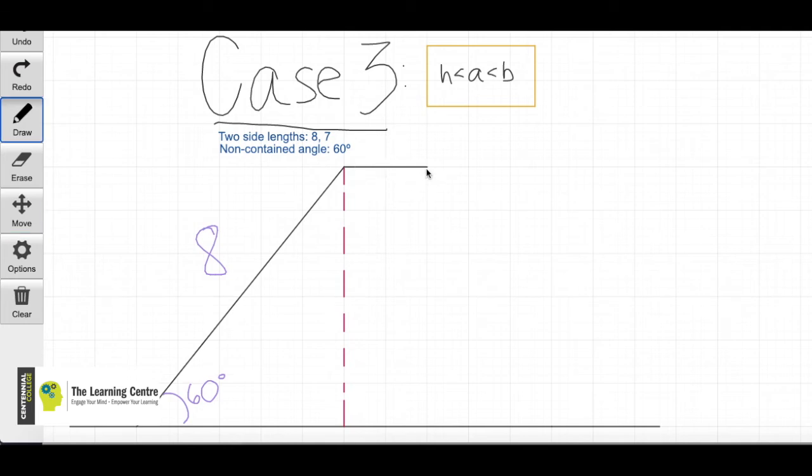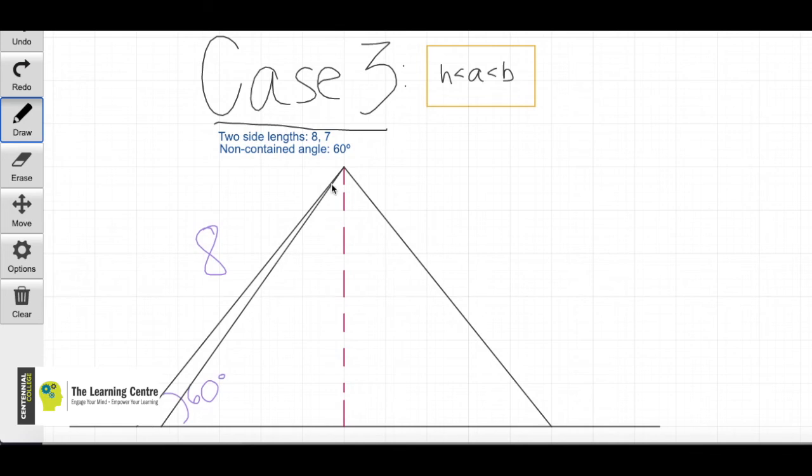If we draw out to the right side, length 7, and we drag it down, we see that we have a triangle created, an acute triangle, but we can also draw the line from the other side and drag it down, and we see that creates a second triangle.